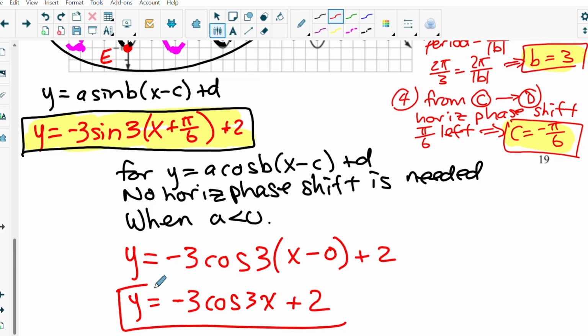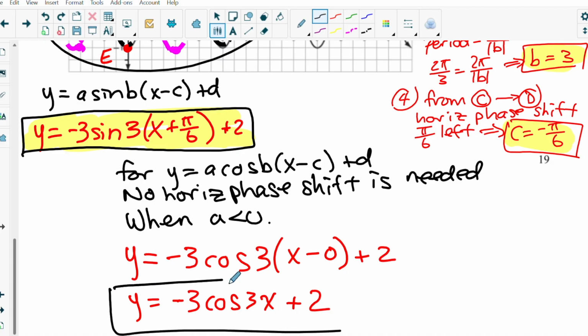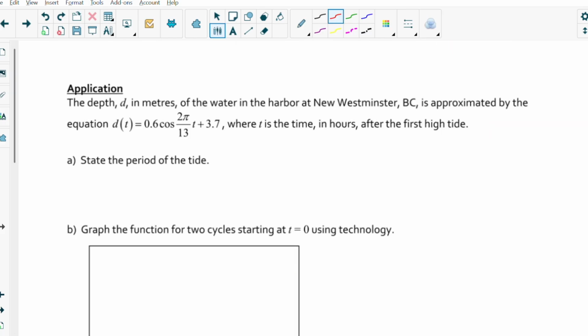That's what I get. And again, I'll leave the Desmos link in your notes or in D2L. You can play around with it and see in real time how these transformations happen.